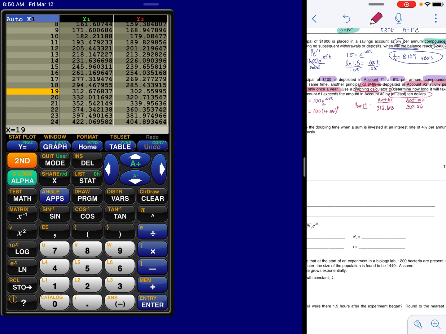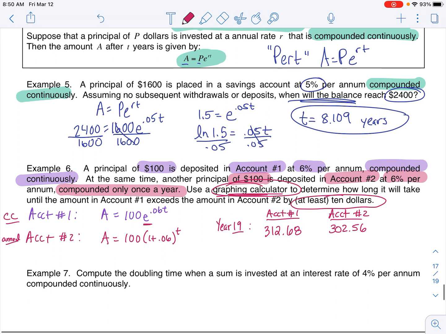Yeah, 312.678, and then 302.56. Okay? So you guys see that comparison there. So it looks like our answer is year 19. So it'll take 19 years for it to surpass it. And again, just using the table function in your calculator is what's going to help there.